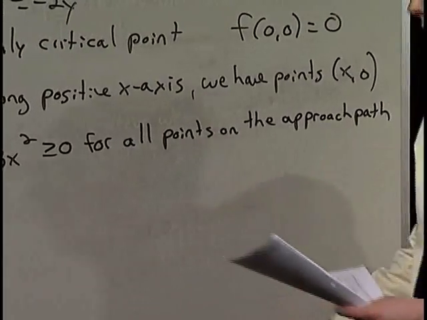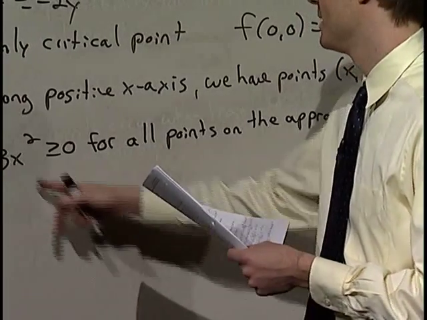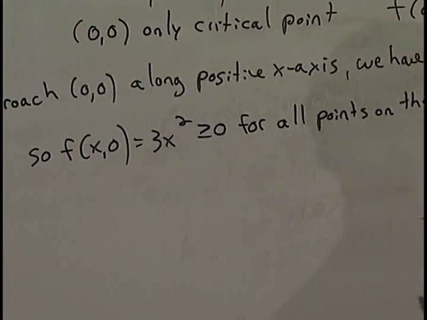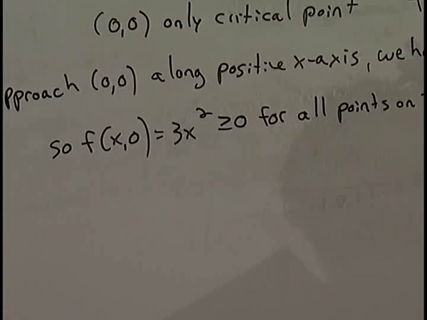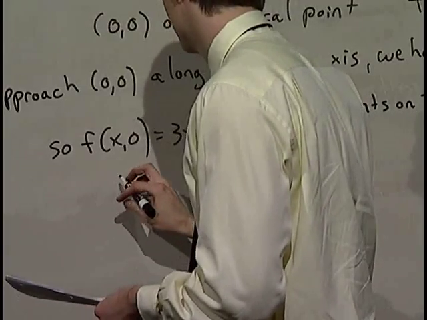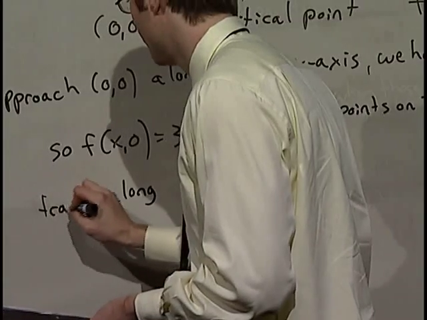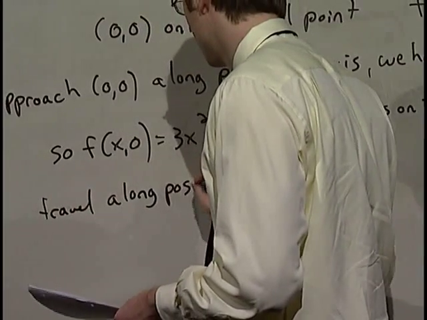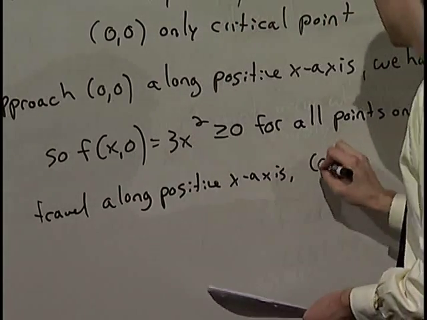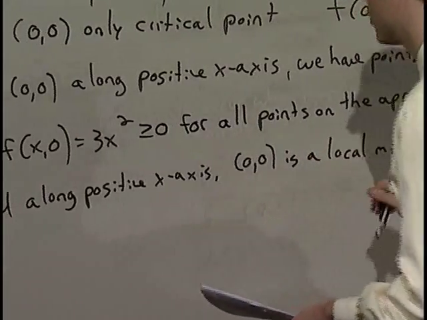All right, so as you walk along the positive x-axis, these function values are going to be greater than the function value here, which is 0. So traveling along the positive x-axis, (0, 0) is a local min, correct?